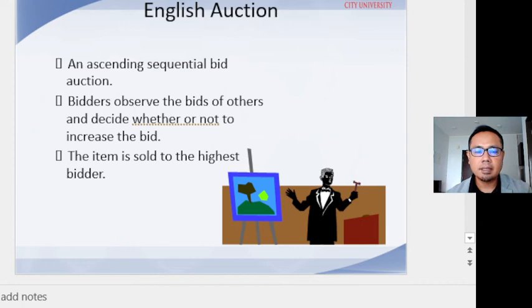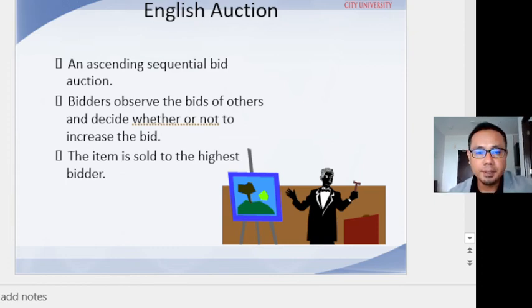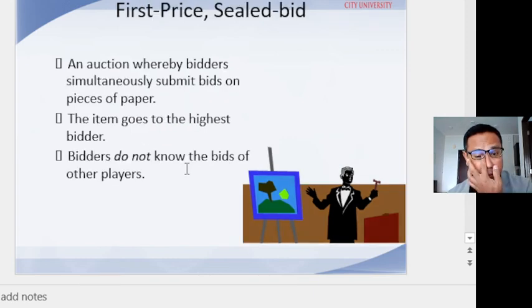Because nobody would like to bid higher, the highest bidder wins that auction. So that's very simple and very common. I think a lot of you are quite familiar with this English auction.